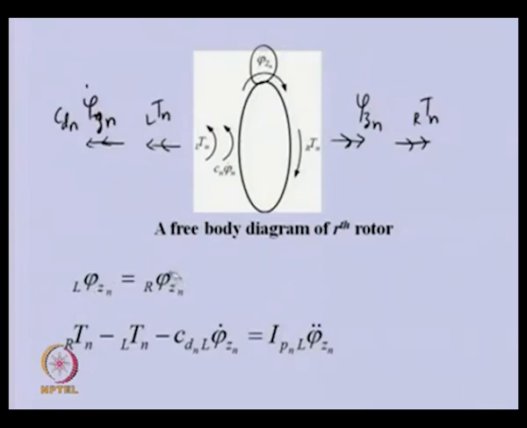Apart from this, if we take the torque balance, you can see this particular torque is in the positive direction. So, first torque, then the left side one is in the negative direction, and the damping torque is also in the negative direction, and these external torques which are acting onto this particular disc should be equal to the rotary inertia of the disc, that means the polar moment of inertia of the disc, times the angular acceleration.